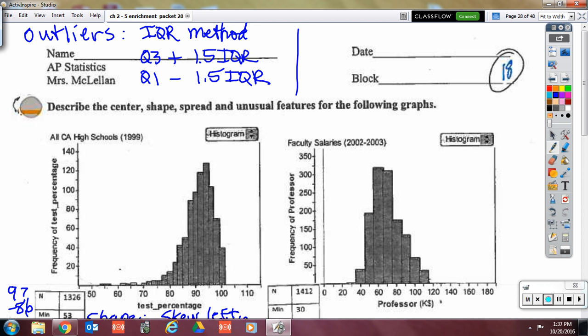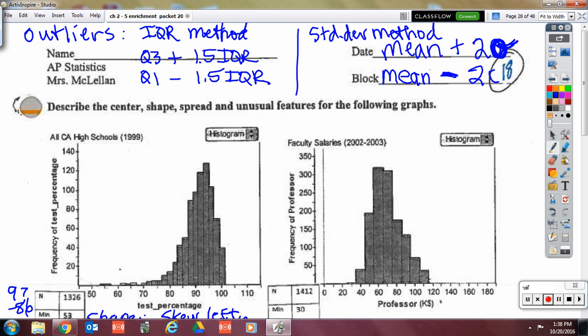However, if you choose to use the standard deviation method, then you have mean plus 2 standard deviations. This is not a 20. This is a standard deviation, a sigma. And the lower fence will be mean minus 2 standard deviations.